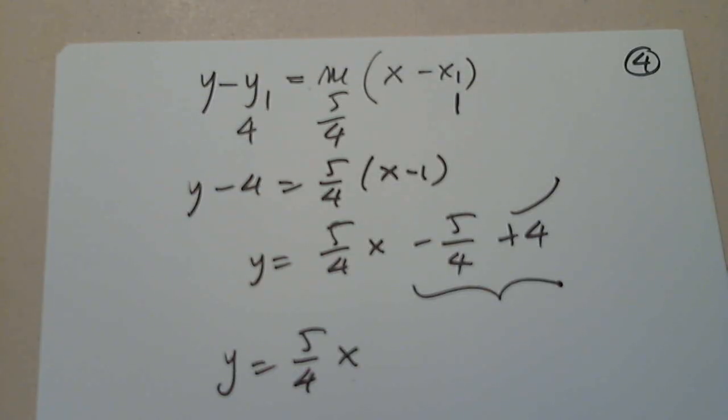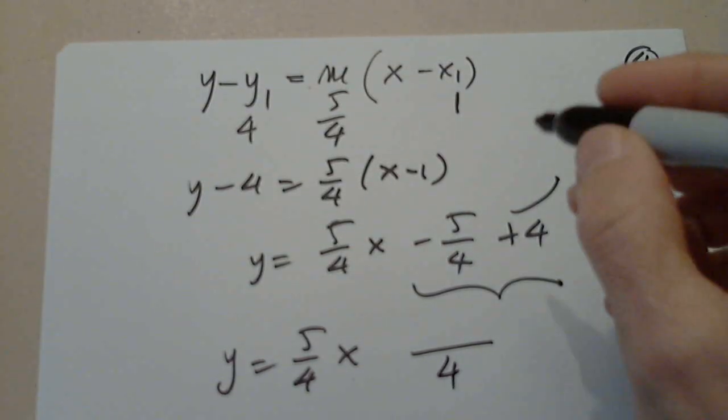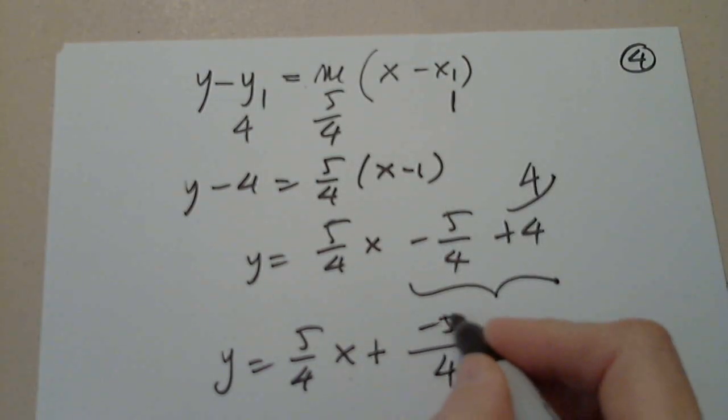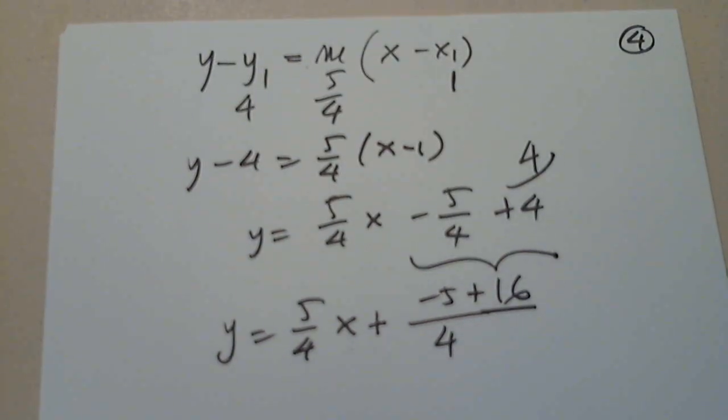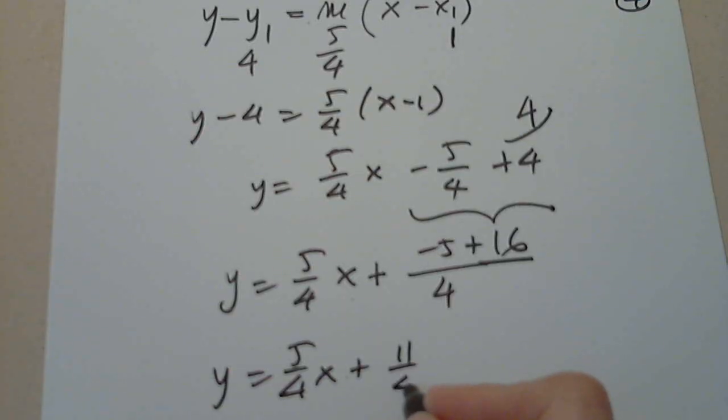So the least common denominator is indeed 4. Good. Then this one needs a 4. So then I know now the sign is positive because I have -5 and plus 16. So y equals 5/4 x plus 11/4.